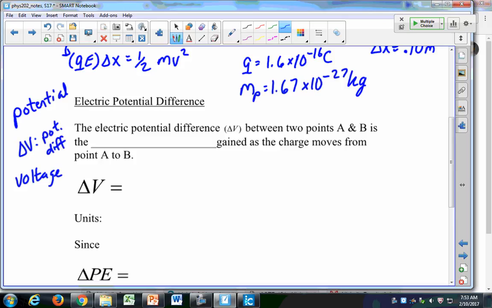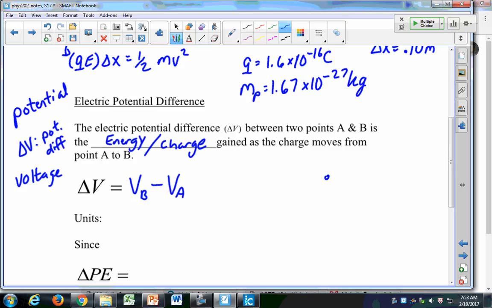So the electric potential difference between 2 points is the energy per charge gained as the charge moves from point A to point B. So we'll call this the difference in VB and VA.